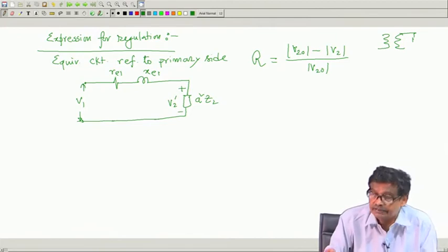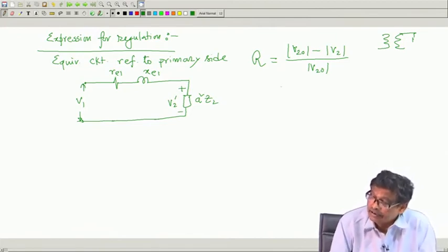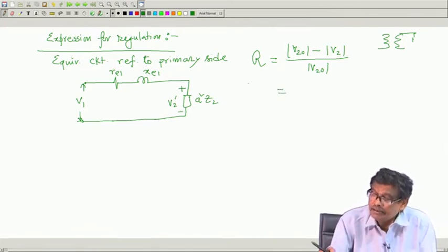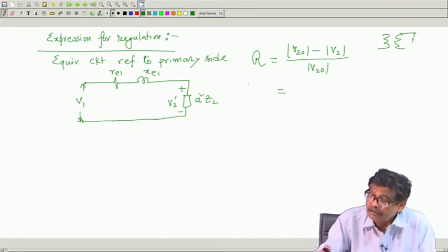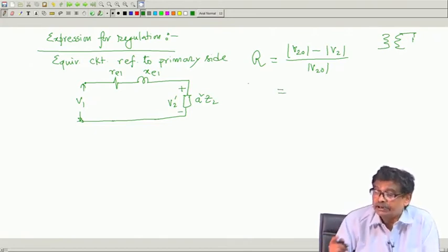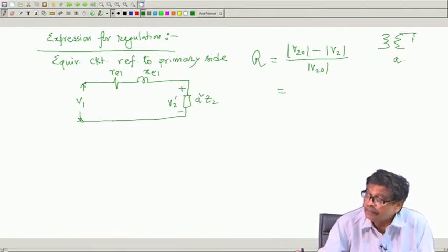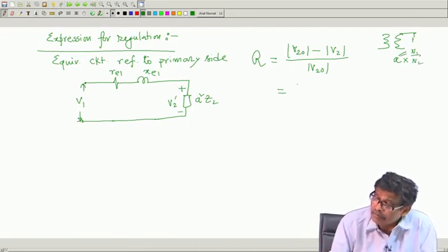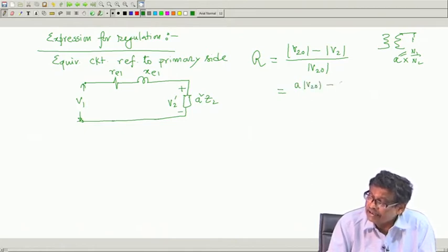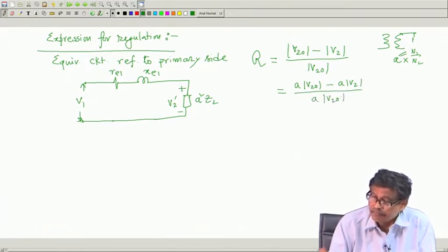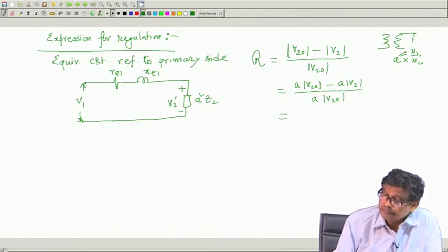Now, come to this, this is the load side. Now, what I do, I multiply both the sides, numerator and denominator, by turns ratio A, where A is equal to N 1 by N 2. If you do, it will be A magnitude of V 2 0 minus A V 2, divided by A V 2 0, is it not?